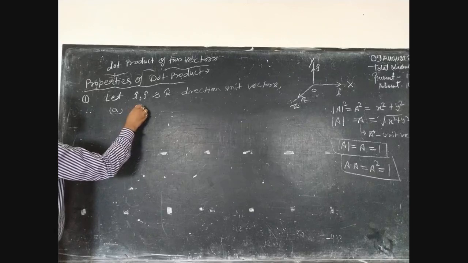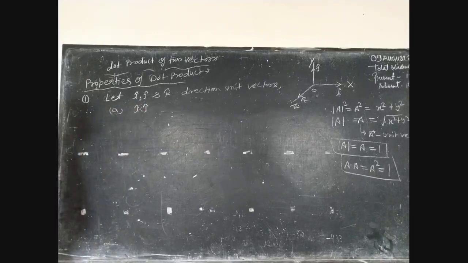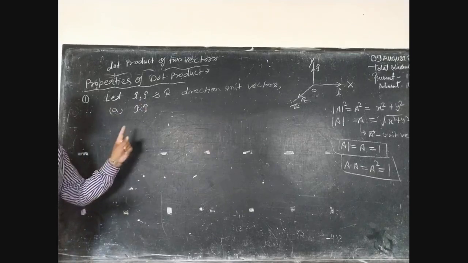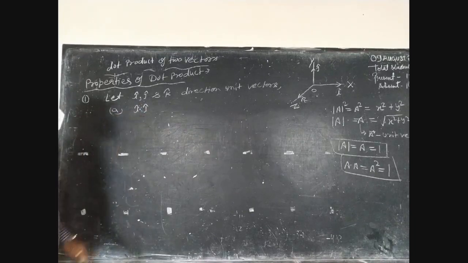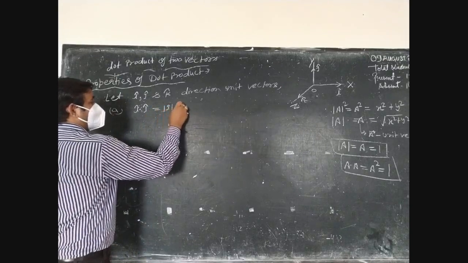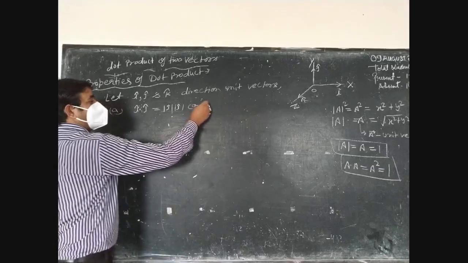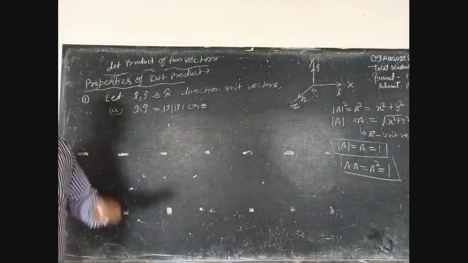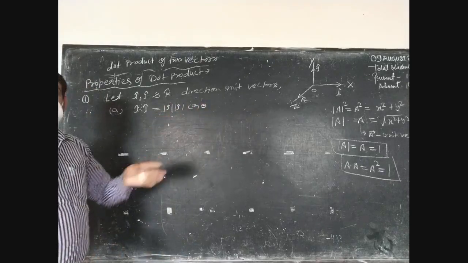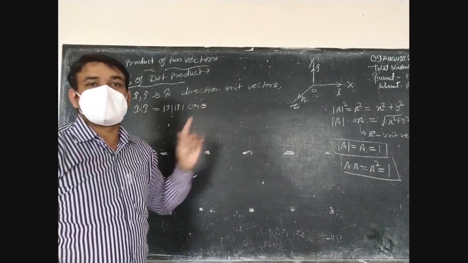When we multiply i dot i, in place of A and B, we get modulus of i cap, modulus of i cap and cos theta, because the two vectors are acting along the same axis i cap.